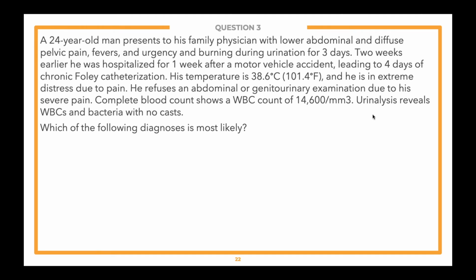His temperature is 38.6 Celsius, or 101.4 Fahrenheit, and he is in extreme distress due to pain. He refuses an abdominal or genitourinary examination due to his severe pain. Complete blood count shows a white blood cell count of 14,600. Urinalysis reveals white blood cells and bacteria with no casts. Which of the following diagnoses is most likely?